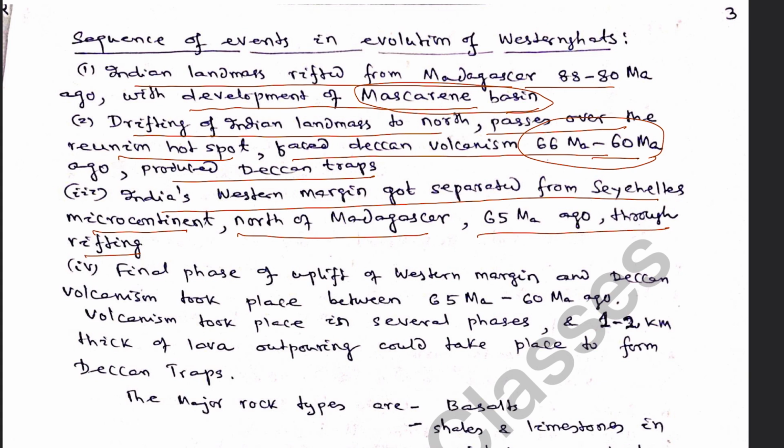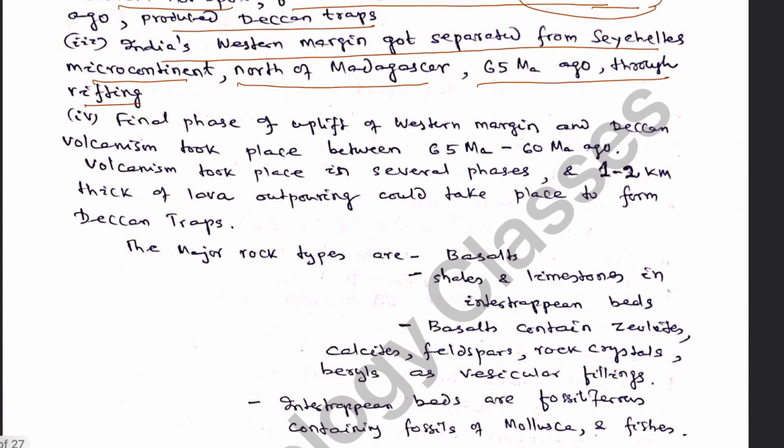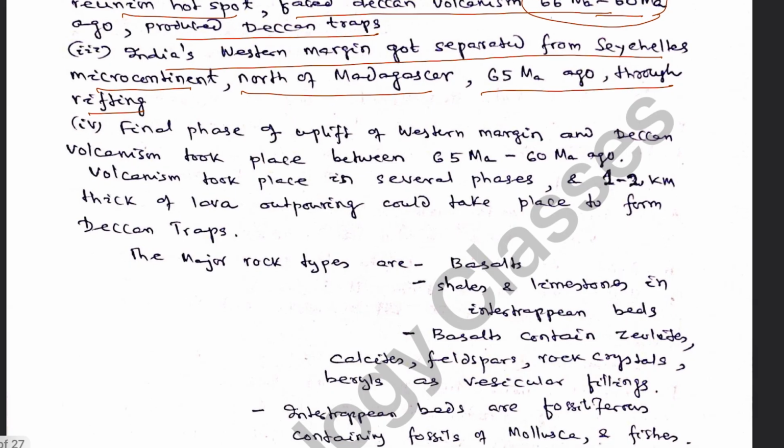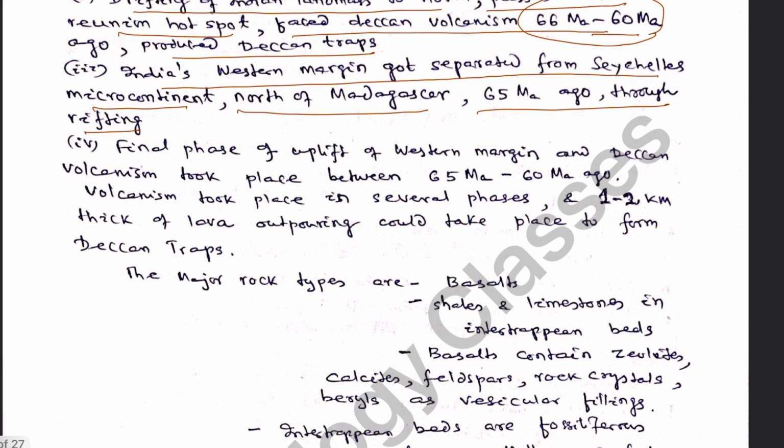So Indian mass rifted from Madagascar first, then it rifted from the microcontinent Seychelles towards the north of Madagascar. And in this manner, Indian landmass started moving towards the Eurasian landmass in order to close the Tethys to form the Himalayan chain of mountains.